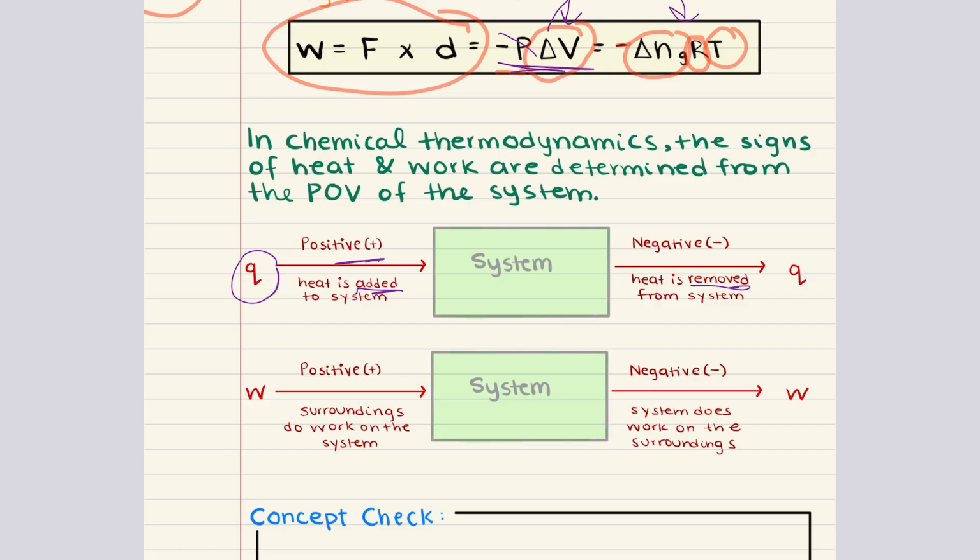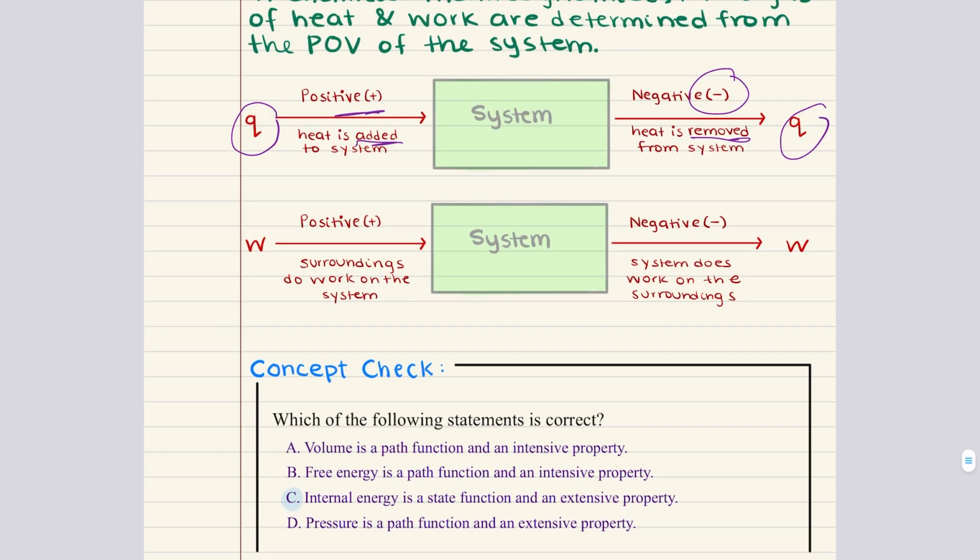If heat is removed or lost by the system, then q is going to be negative. For work, if the surroundings do work on the system, then w is positive. But if the system does work on the surroundings, then w is negative.